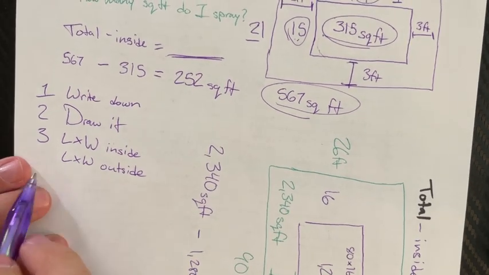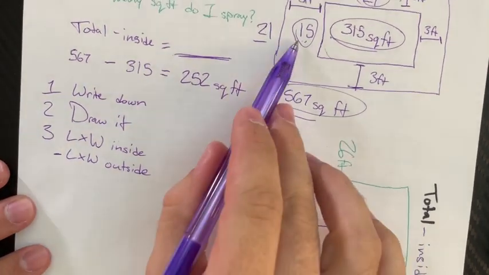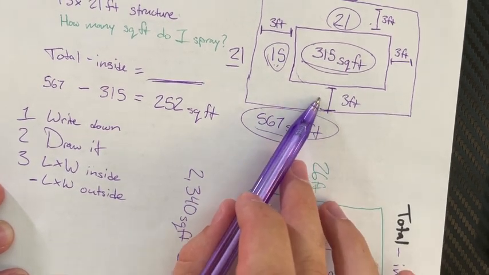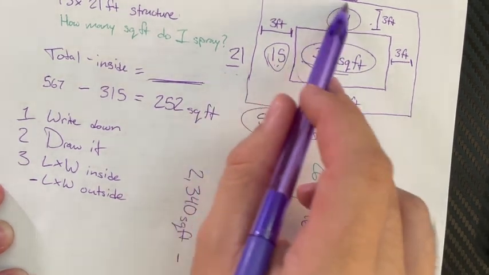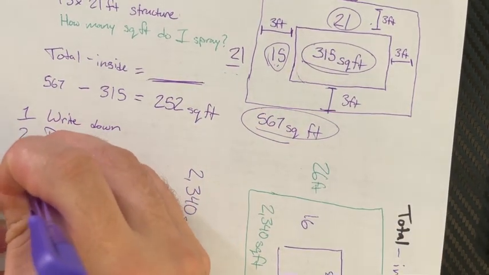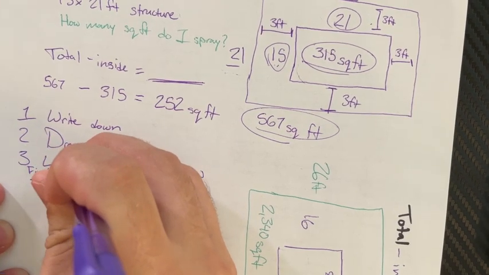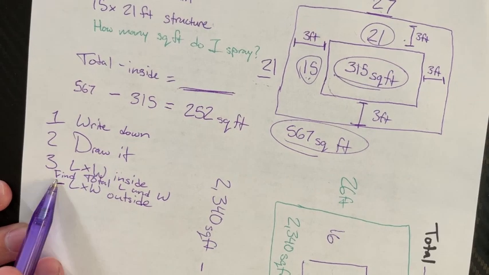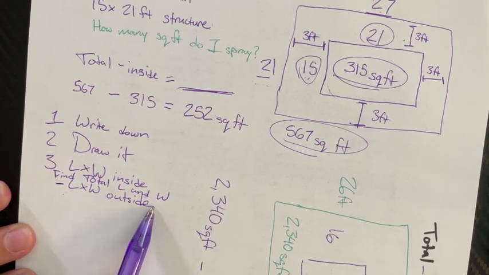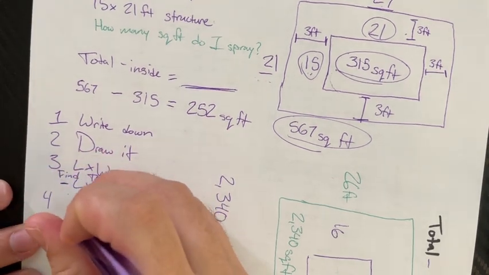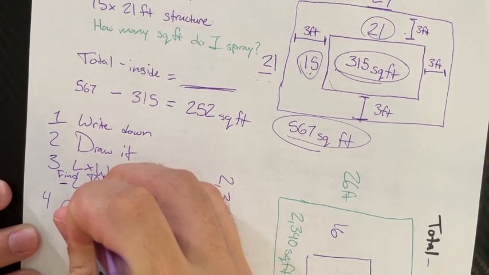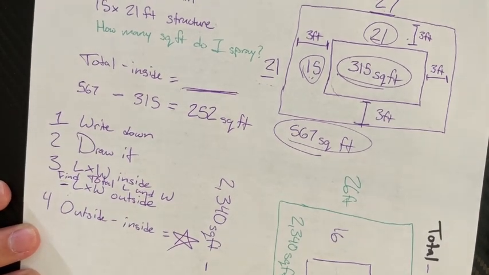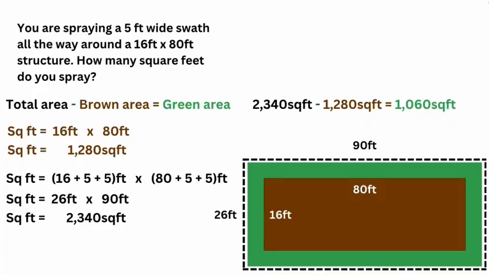Okay, and there's kind of a sub step in here that you have to add the width of the swath that goes all the way around to these numbers to find your length and your width. So maybe find total length and width comes first. Okay, length and width inside, find what your length and width are, and then length times width outside. Step 4, outside minus inside equals your answer. Okay, so now we're going to move on.